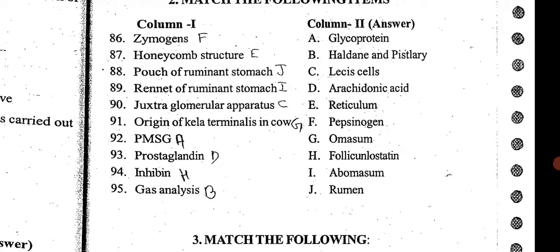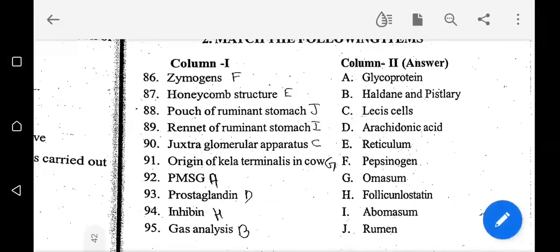Origin of chela terminalis in cow is the third part of the ruminant stomach, omasum, and the rennet of ruminant stomach is secreted from the true stomach, that is the fourth part, or glandular stomach, that is rumen, reticulum, omasum, abomasum. Abomasum secretes rennet.